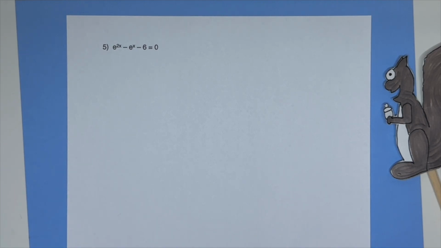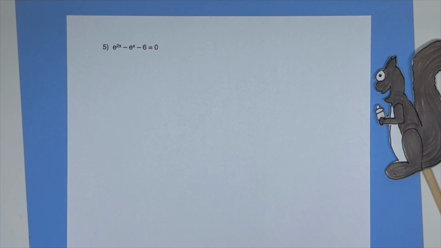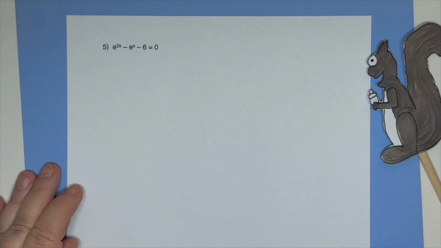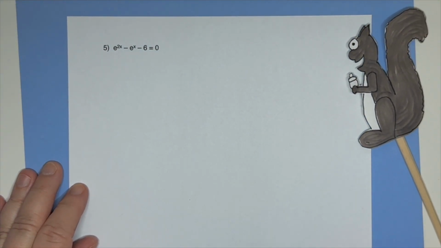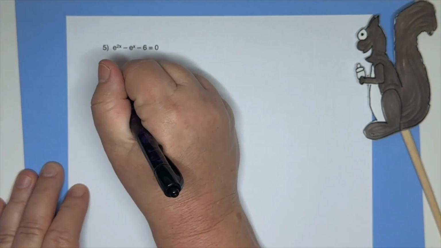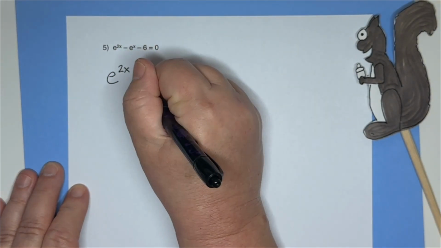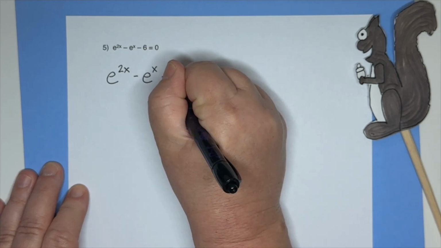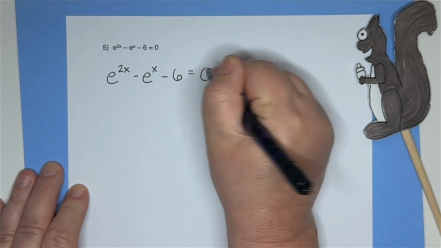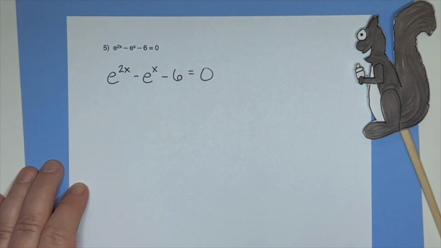Problem number 5. This is exponential with the exponential, right? So we've got e to the 2x minus e to the x minus 6 equals 0. And I'm hoping that something about this is making you think of quadratic form.